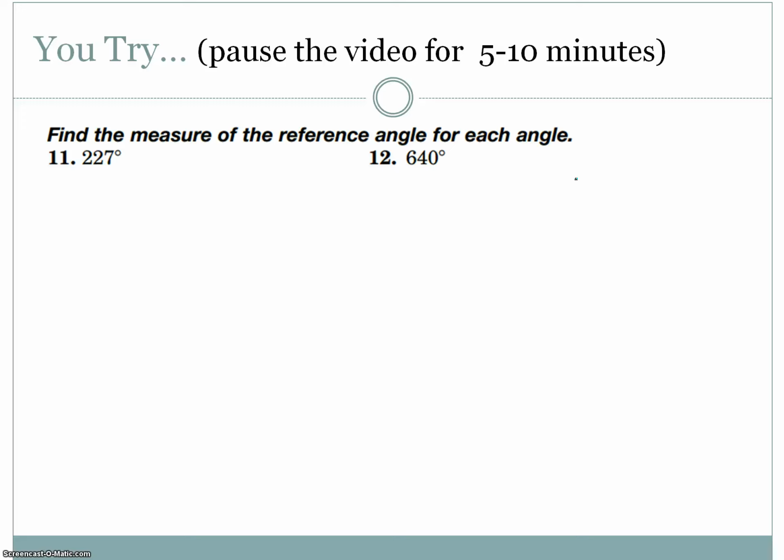Or maybe they're at the bottom, I can't remember. Find the measure of the reference angle for 227, and find the measure of the reference angle for 640. Remember that for 640, you're going to have to go around the circle at least one full rotation first, before you can draw 640 and then find the reference angle. So go ahead and pause the video now if you need to.